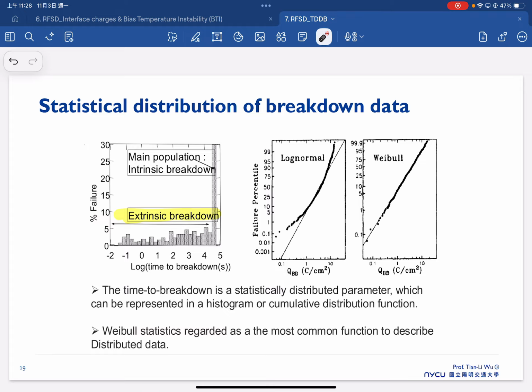But there's one very narrow distribution in a certain breakdown time that we consider intrinsic breakdown. So the time to breakdown, TBD, is a statistically distributed parameter.